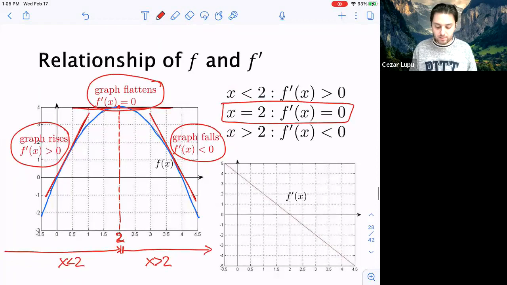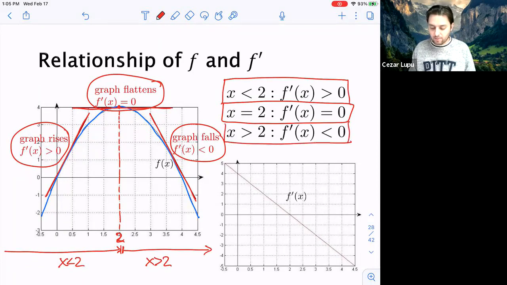As you can see, for values less than 2, the graph rises, so the derivative will be positive, as you can see here. And for x greater than 2, the derivative is negative, so the graph falls. That's what you need to know. That's the relationship between the first derivative of a function and the function itself.